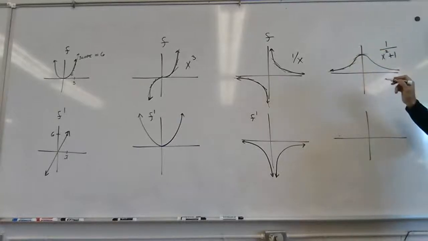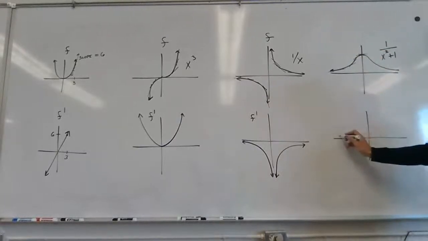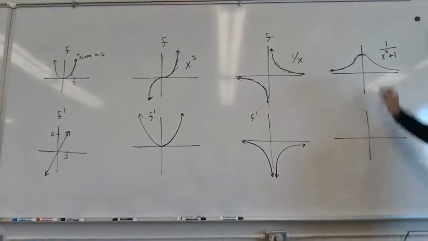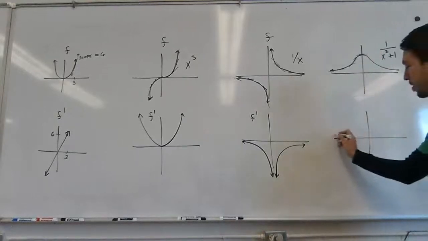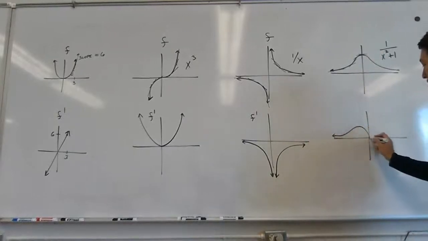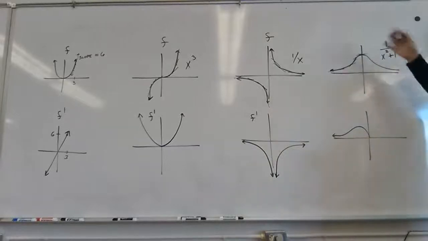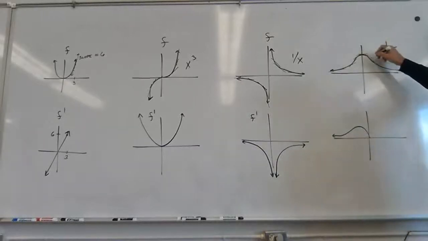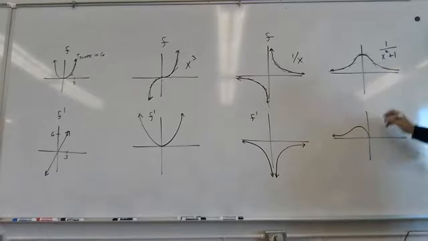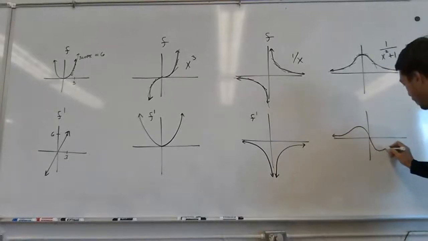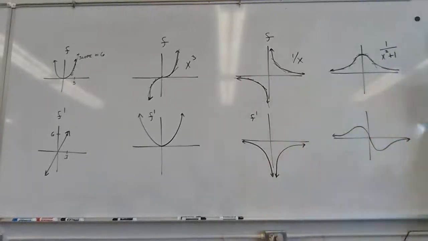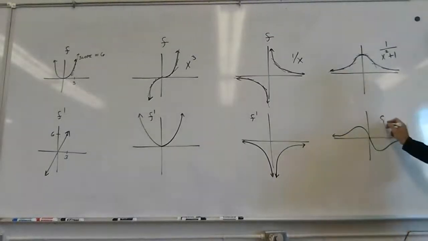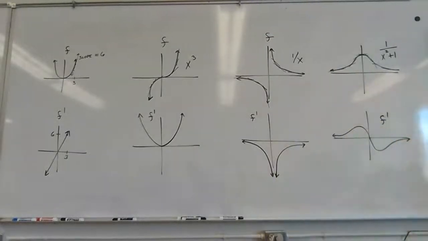It gets small again. Zero. Okay, so I have to go small, increase, and then come down and hit 0. And then I have to follow the opposite mirror pattern for corresponding negative slopes over here. So it's got to look something like that. Oh, I just failed. That was a terrible graph.